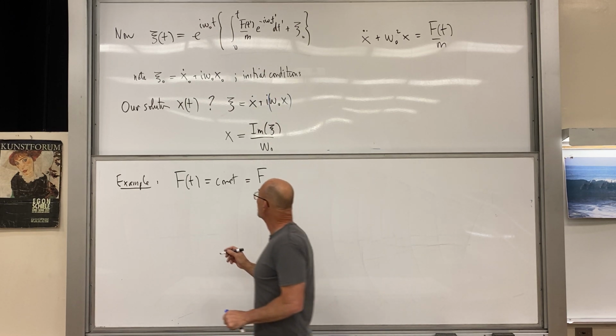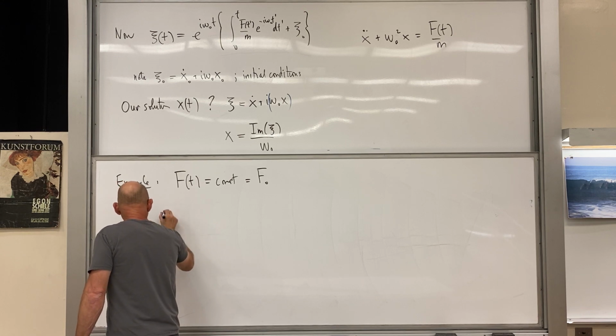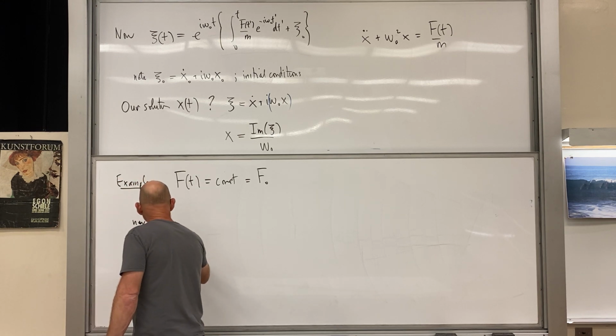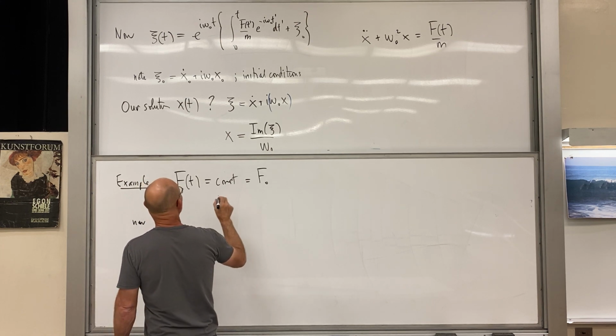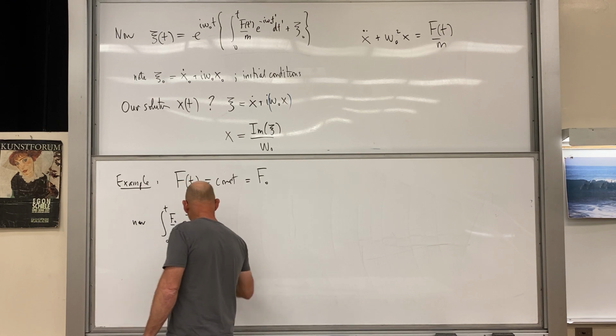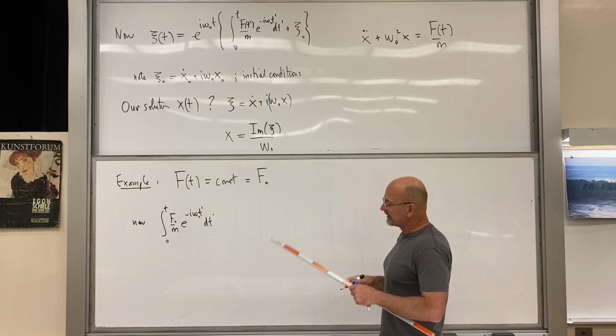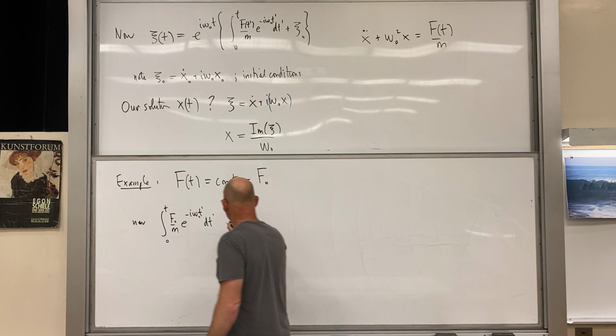So now what do we have? We want to construct our integral from 0 to t of F naught divided by m, e to the minus i omega naught t prime dt prime. So that's the first thing.